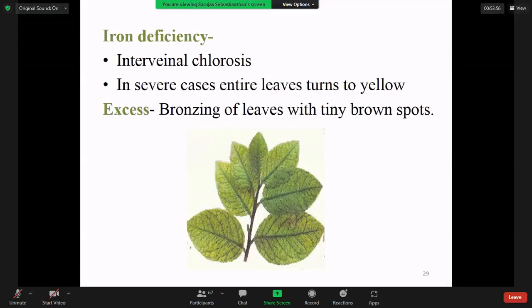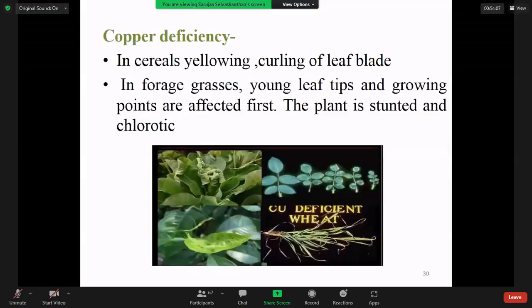And if it is in excess, you can see browning of leaves with tiny brown spots. Then copper deficiency. In this case also you have to know the functions of copper.